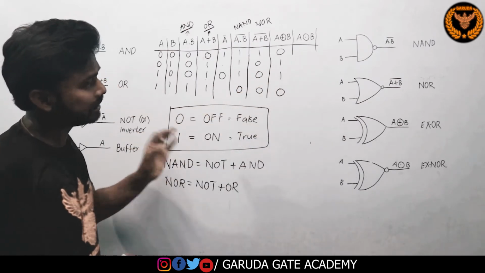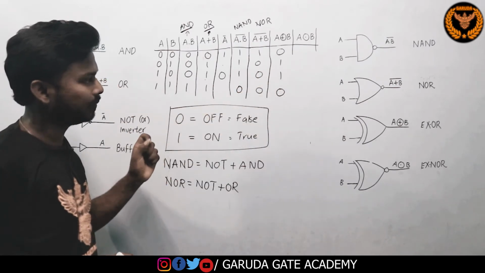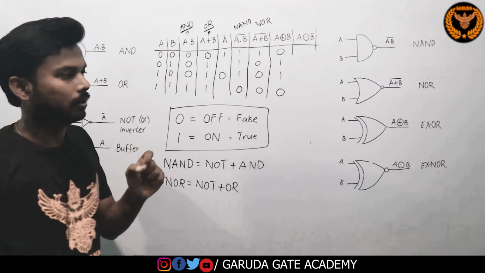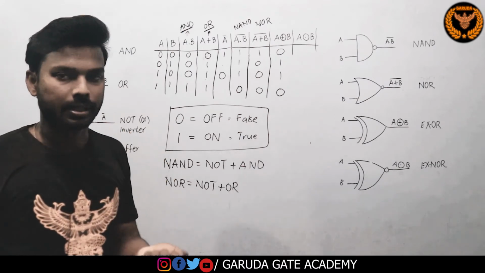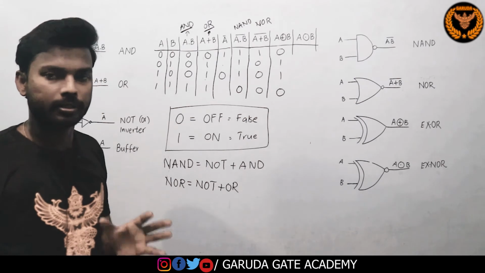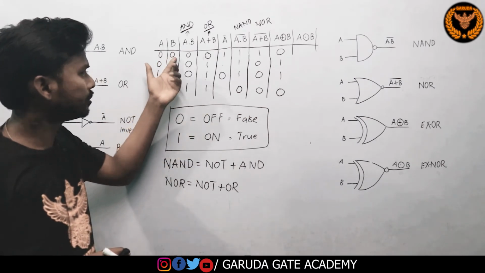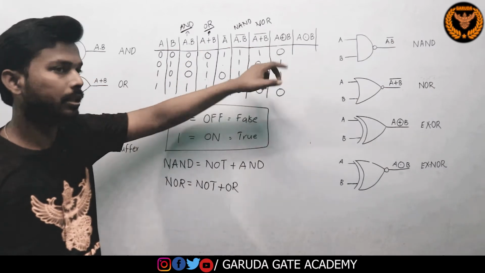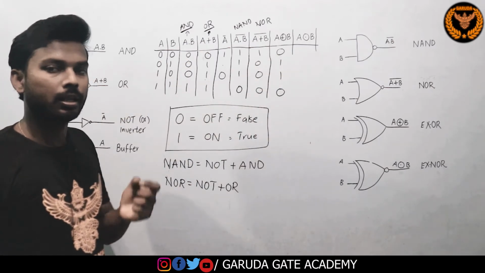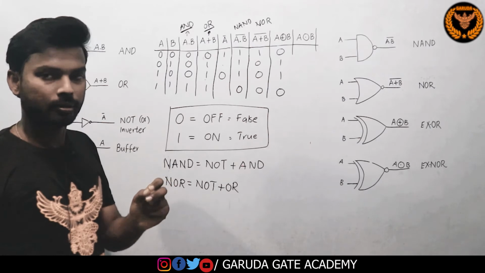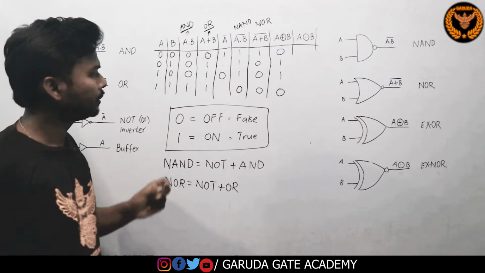So that means this gate can identify whether there is an even or odd number of signals in the input, because if there are two zeros, it is producing 0. In that way we can understand that there is the same set of signals in the input.